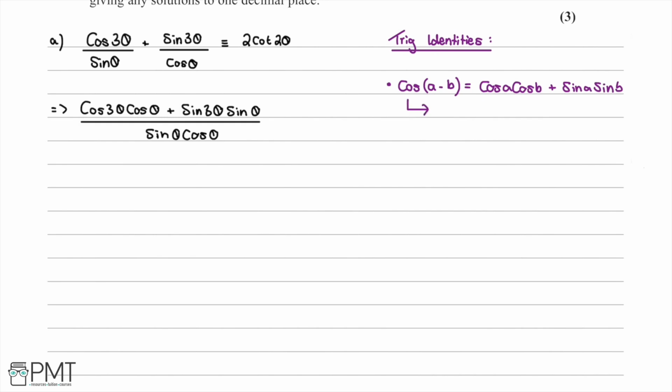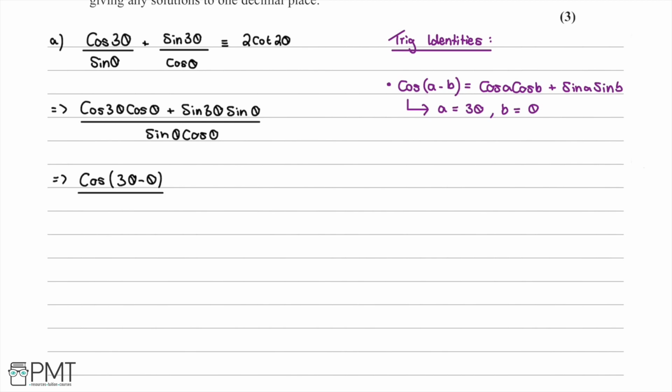So we have that a is equal to 3 theta and b is equal to theta. We can write this numerator as cos of a minus b, so that will be cos of 3 theta minus theta, and then we divide by our denominator.